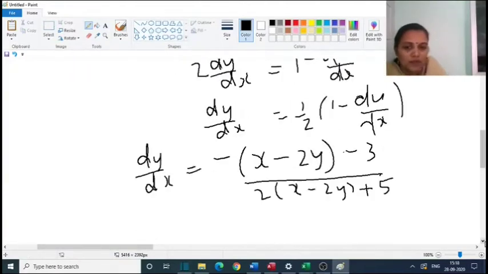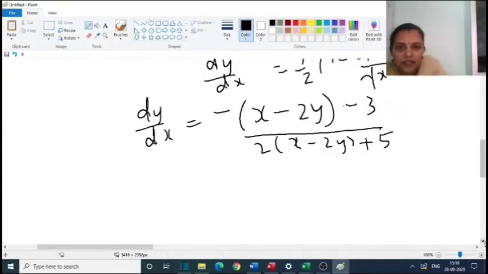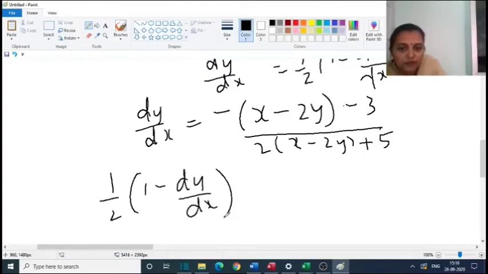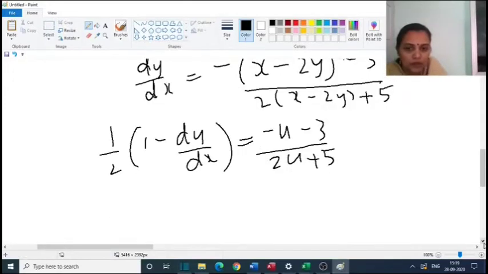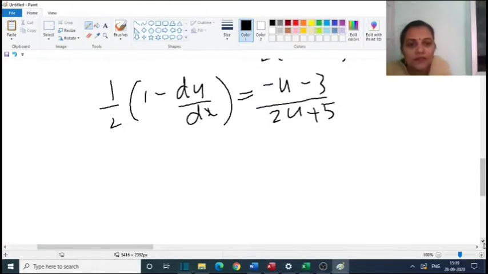Now we substitute the values: 1 by 2 into (1 minus du by dx) equals minus (u plus 3) divided by (2u plus 5). Now we can change the given differential equation into variable separable form.